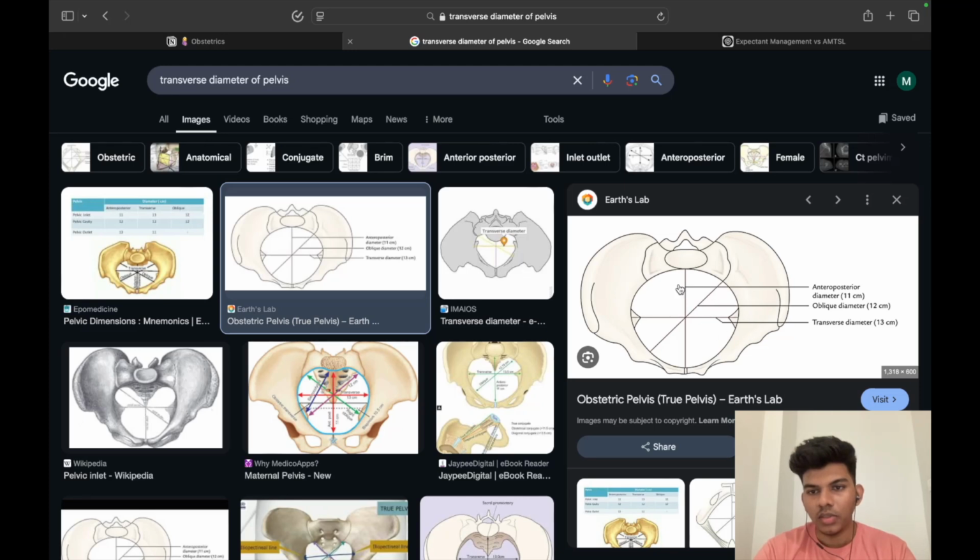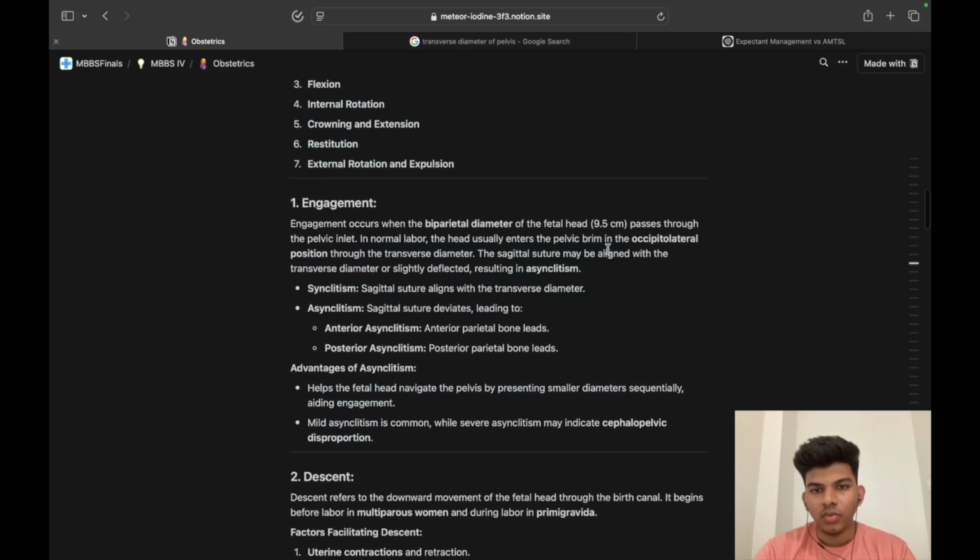If the occiput is on the right side of the transverse diameter, it is right occipitolateral. If it is on the left side, then it is left occipitolateral. So that is what is happening. Normally the head enters the pelvic brim in this occipitolateral position through the transverse diameter. You have understood the statement.